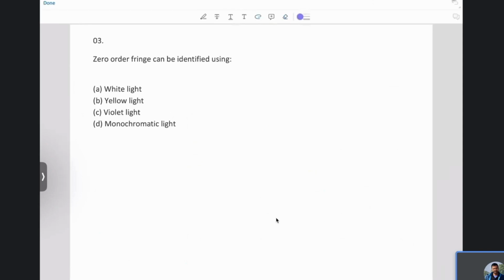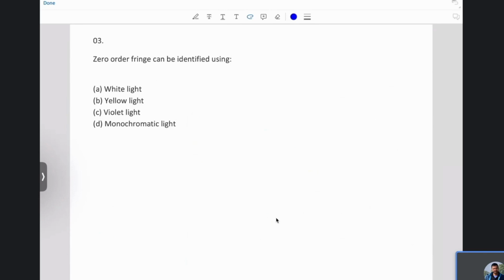Here the question is, zero order fringe can be identified using: white light, yellow light, violet light, or monochromatic light.